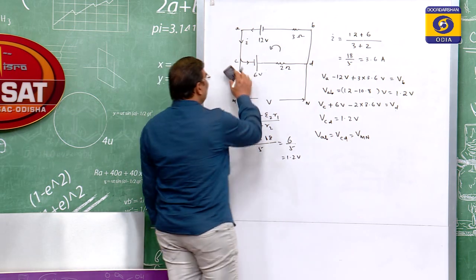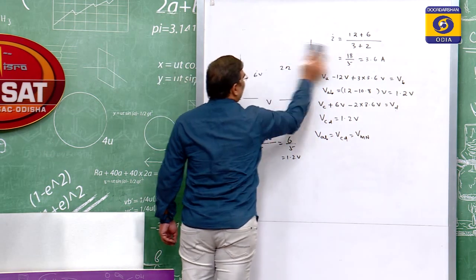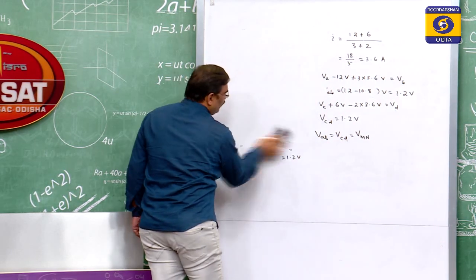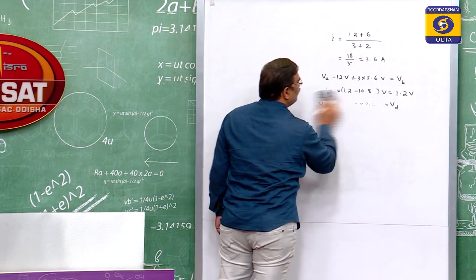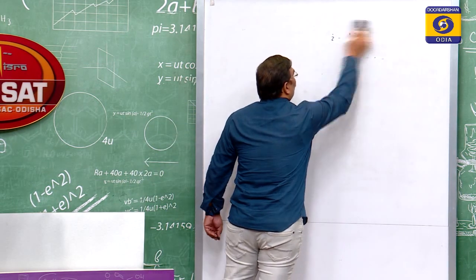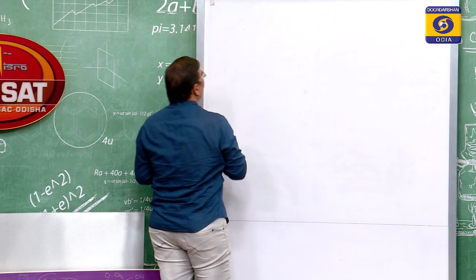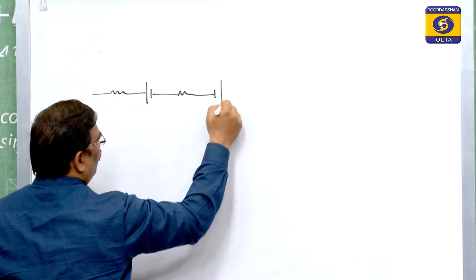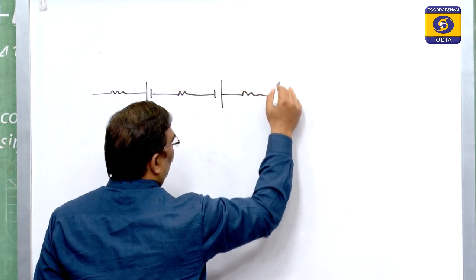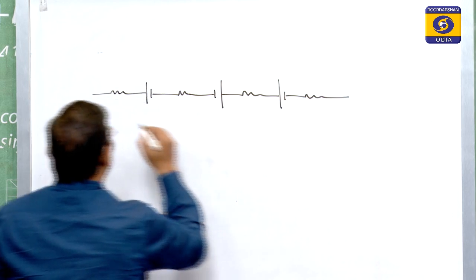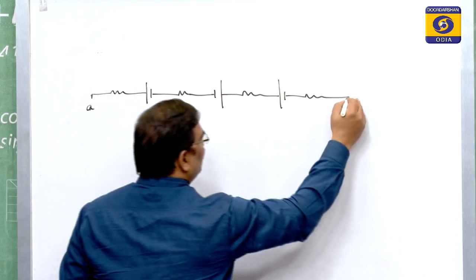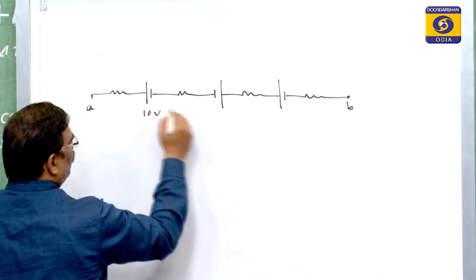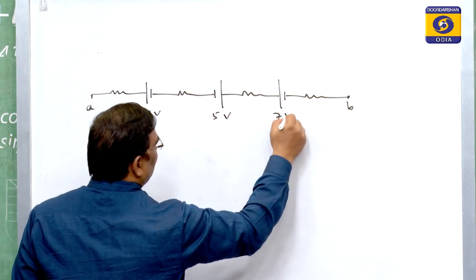Now, let us consider another small network, a linear network. Suppose in a linear network of resistor and cells, what is the potential difference? Suppose I have a combination of, this is my point A and this is my point B, and this is suppose 10 volt, this is 5 volt and this is 7 volt.